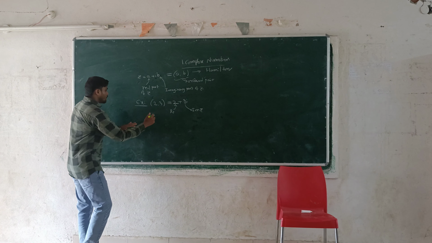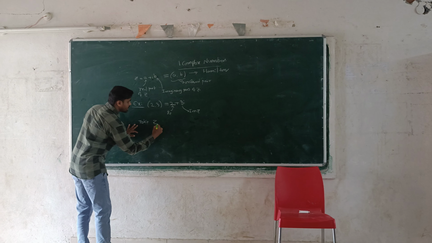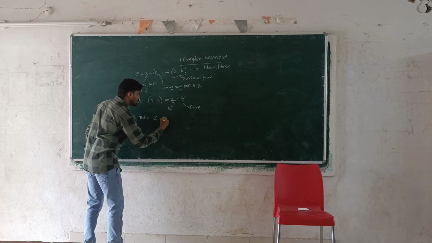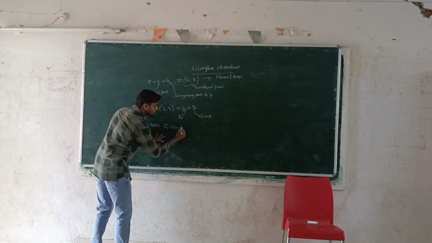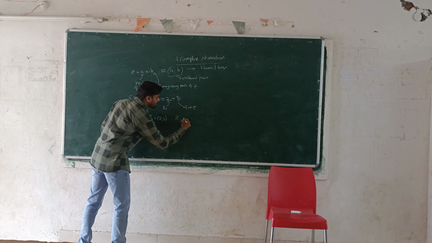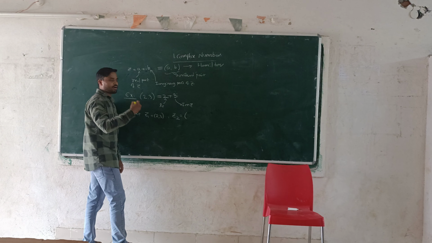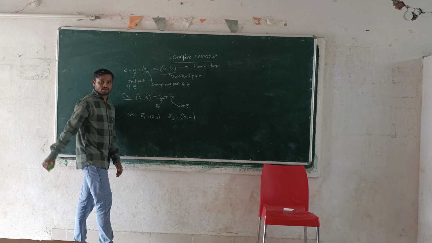Right. Take Z1 is equal to 2 plus 3i. Otherwise you write simply in ordered pair form 2 comma 3. And Z2 is equal to another complex number in ordered pair 3 comma 4. Okay?